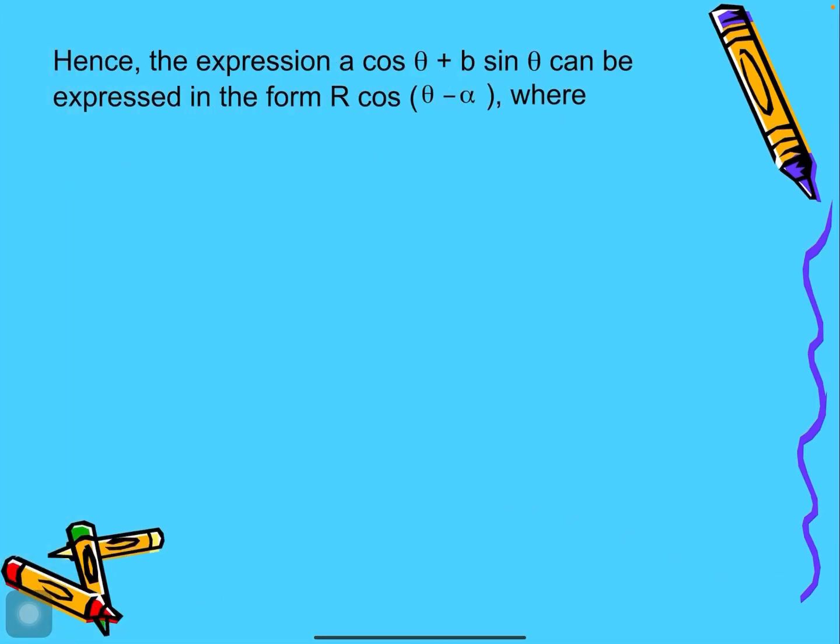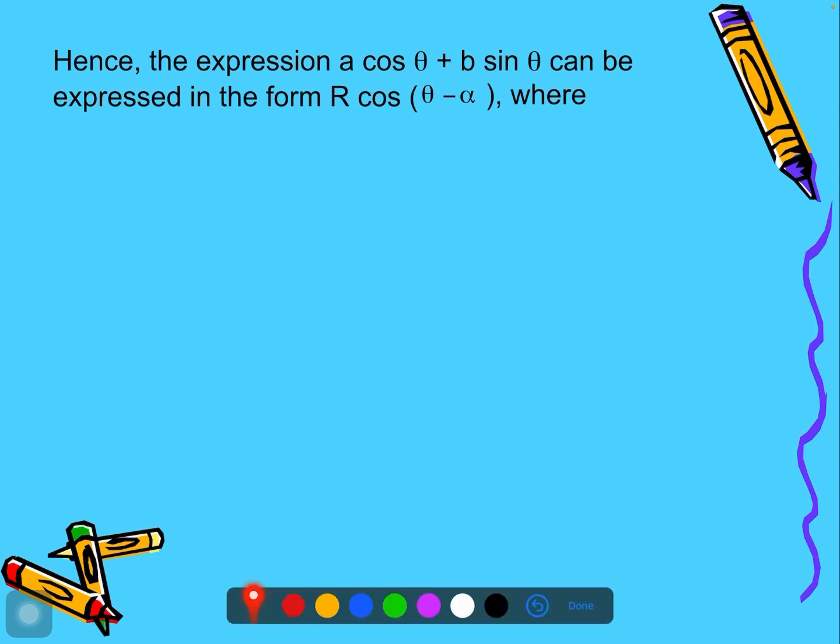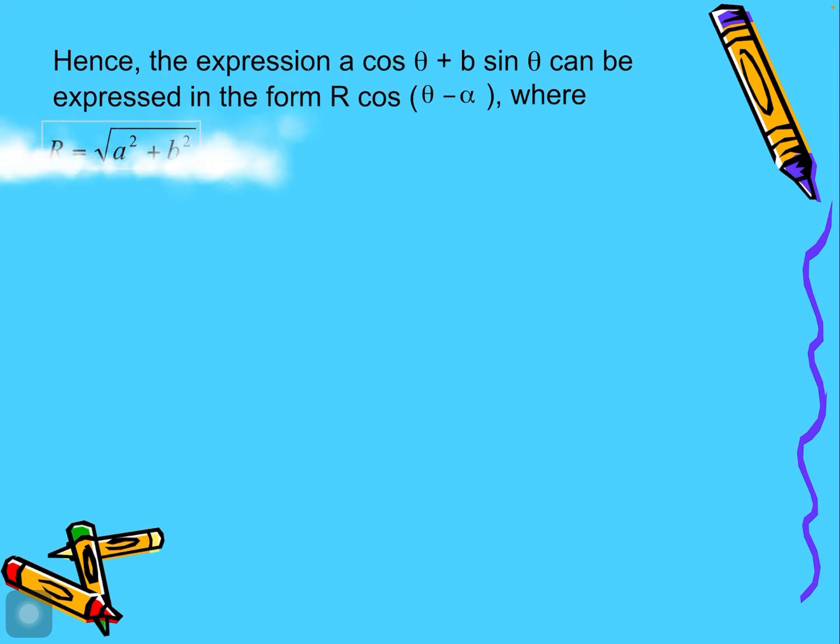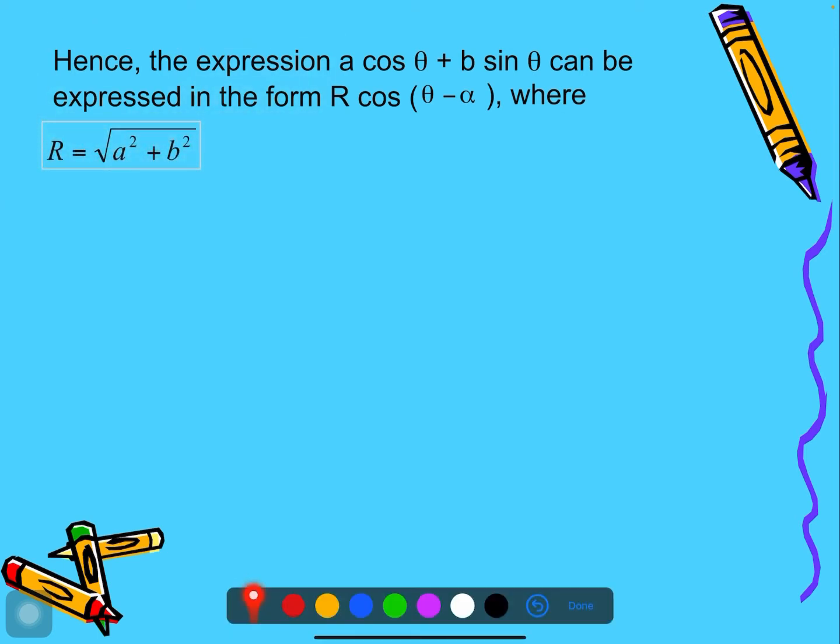Hence, the expression a cos theta plus b sin theta can be expressed in the form r cos(theta minus alpha), where r is the square root of a squared plus b squared and tan alpha equals b over a.